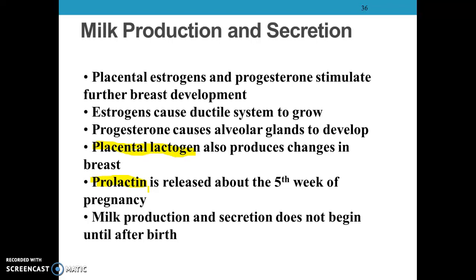Just make sure you know that placental lactogen blocks the actions of prolactin until after birth. So last bullet, and I've said this already, milk production and secretion does not begin until after birth. So even though a pregnant woman would have prolactin in her body, it's not going to produce its effect, which is to make milk, until after birth.